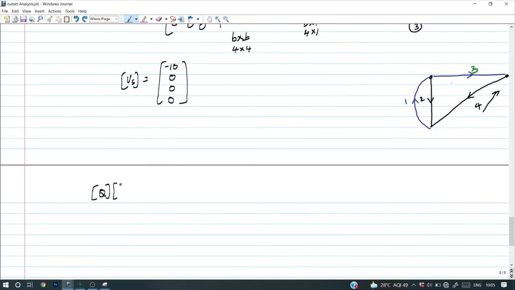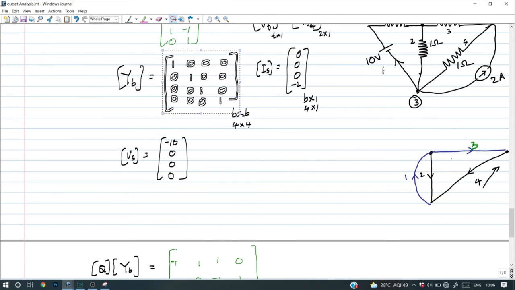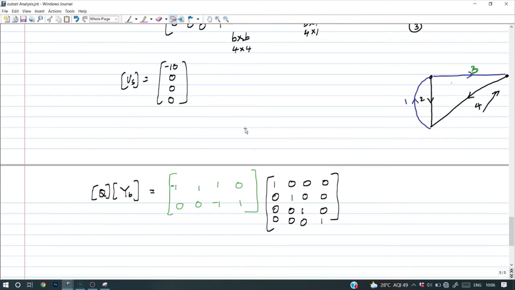First of all, we can calculate Q into YB matrix. What is the Q value? So this is our Q matrix and this is our YB matrix. We can multiply these two, this row into this column, this row into this column, and so on. So minus 1 into 1, minus 1 will come. Remaining things are 0. So the first entry is minus 1. And next one, minus 1 into 0, 1 into 1, 1 will come.